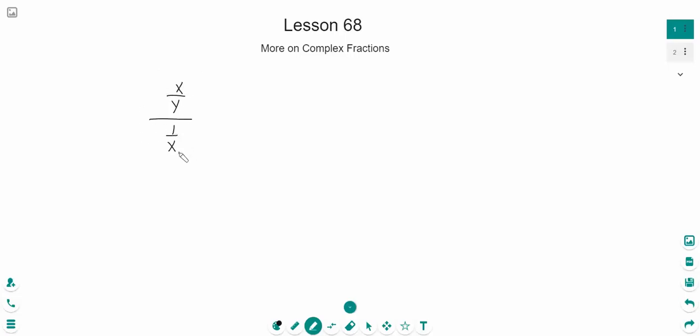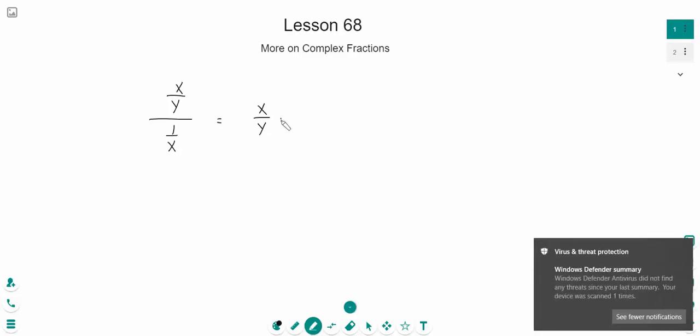within fractions, right? And if you recall, to solve this, we simply take the numerator fraction, x divided by y, and we would then multiply that by the reciprocal of the denominator fraction. So the reciprocal is just the inversion. We just flip-flop the bottom fraction.